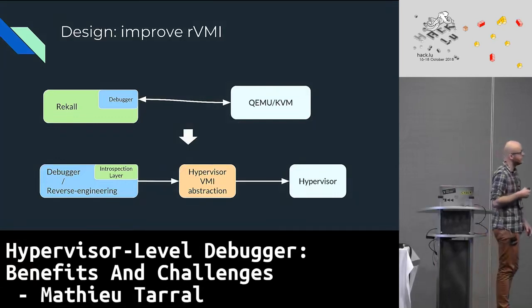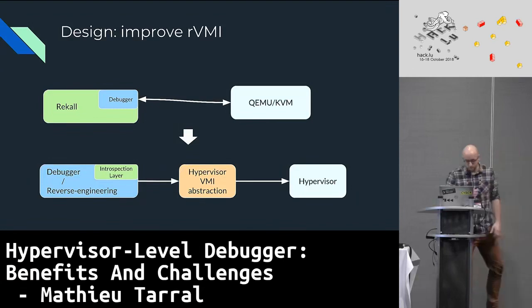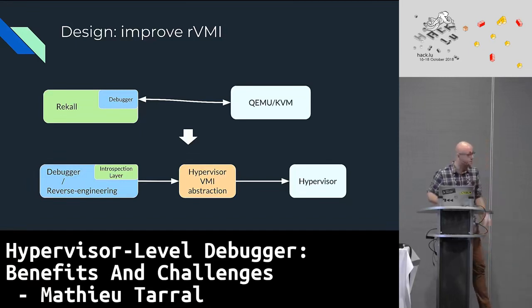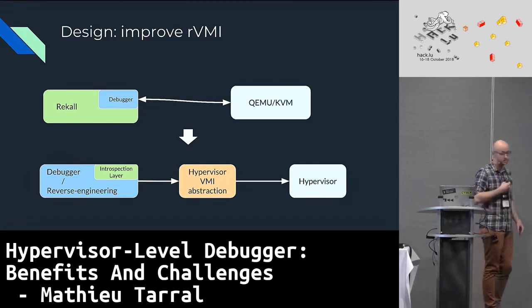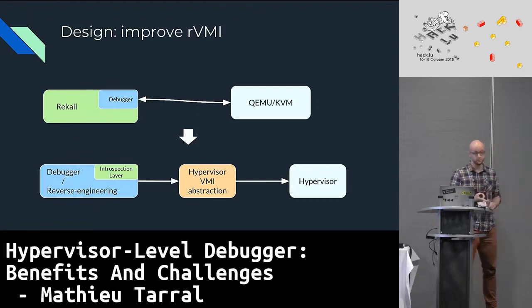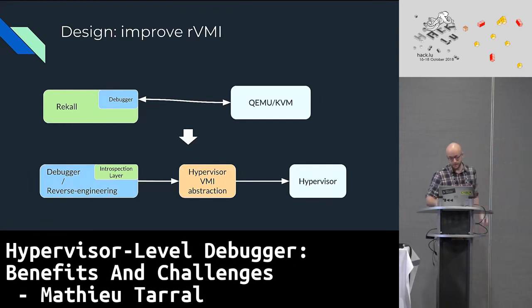I would like to add a hypervisor VMI layer. So I don't want to be tied to one specific hypervisor, but be hypervisor independent. And the second modification is that I would like to take a good reverse engineering tool or debugger as my main tool and add a small introspection layer on top of it. The goal is to be more maintainable in the future. That's my design.